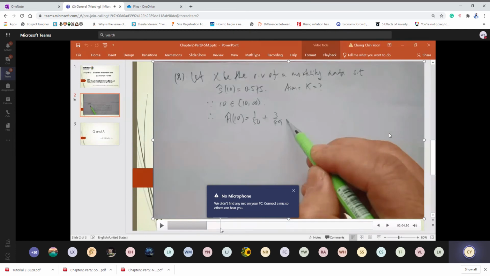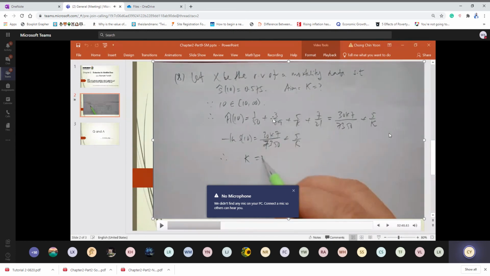Now, from here, quite obvious, right? This info is already given, that survival at 10 is this. So what you want to do is calculate the cumulative hazard rate by this formula, and you just solve the equation, substituting this value inside here.